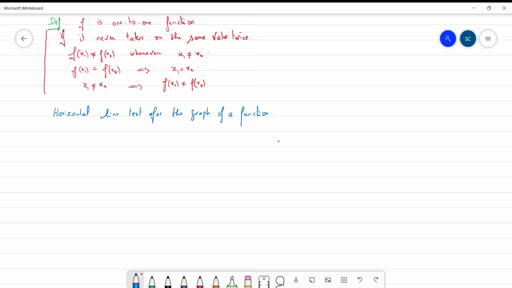The test states that f is one-to-one if and only if no horizontal line intersects its graph more than once.